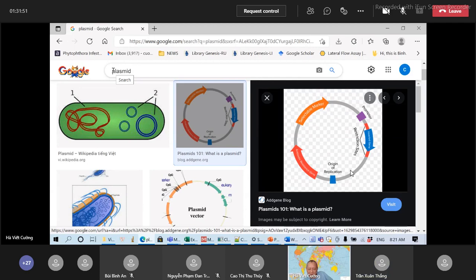You just say, the method of replication of the plasmid is, one or two words.